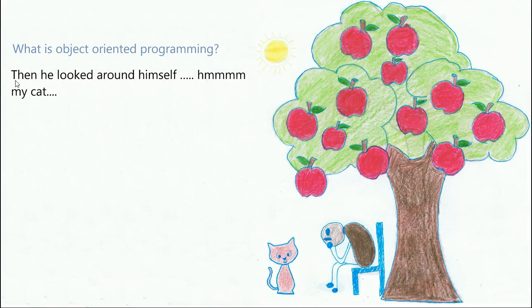Then he looked around himself. My cat. It also has some specific properties like its name is Lucy, its color is brown, and despite its properties, it can also perform some actions like cat can run, it can make a meow sound, and it can chase the mouse. So this cat object has some properties and it can also perform some actions.